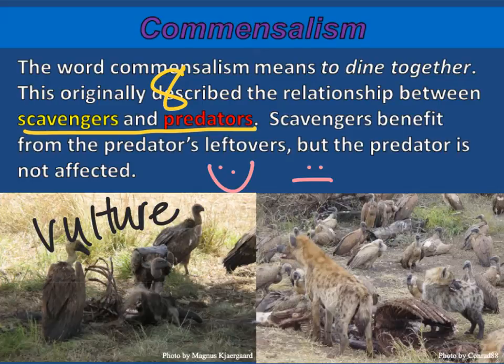In this example, the vulture does not affect the hyena whatsoever, but the hyena benefits the vulture. The hyena killed that organism, and the vulture did not have to do any work. It just came in and ate the leftover. The vulture does not affect the hyena at all, but the vulture benefits from the hyena.